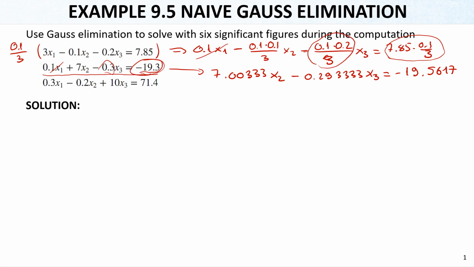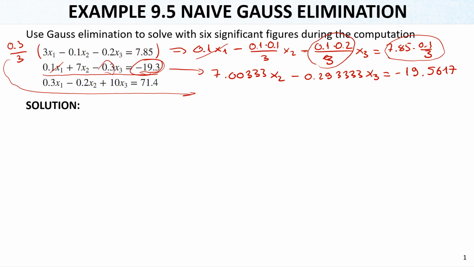Next we will do this division and multiplication of the first term to eliminate the first term of the third equation. So that's why we need to use 0.3. And in here, instead of this, now we will divide 0.3 by 3 and multiply it by this. Then we will have, and subtract this. So let's first multiply and see the result.